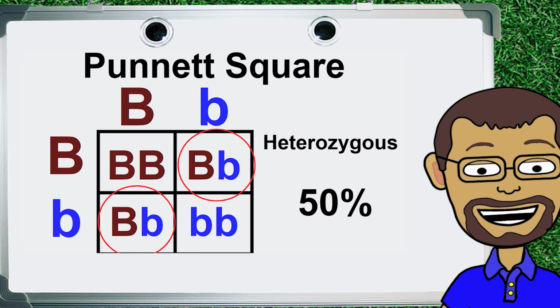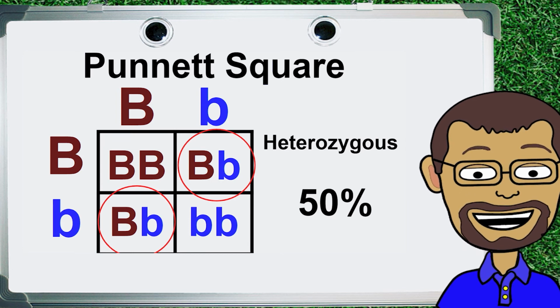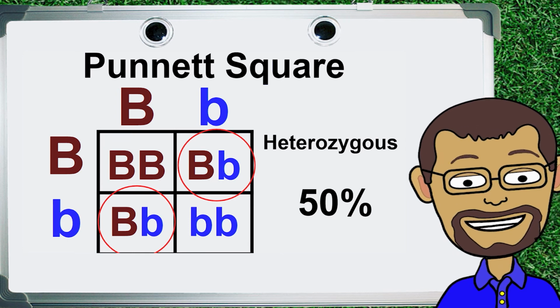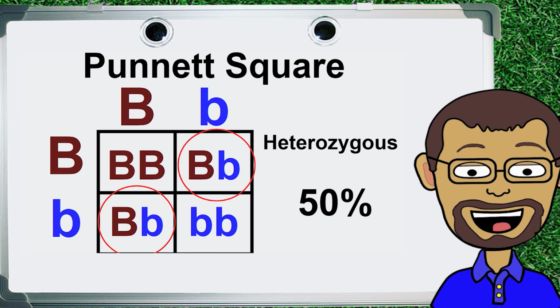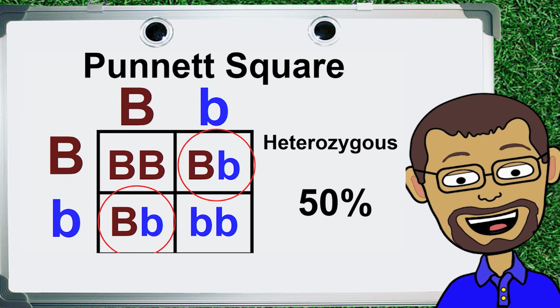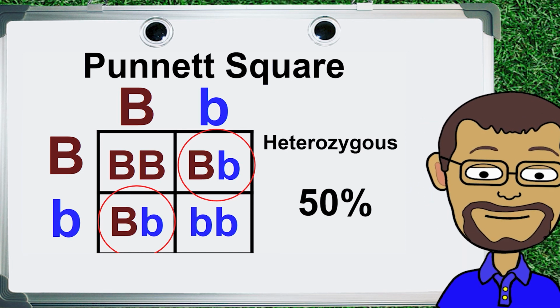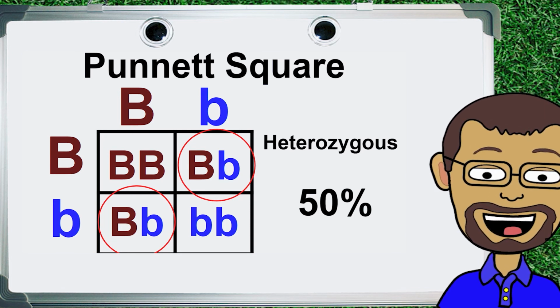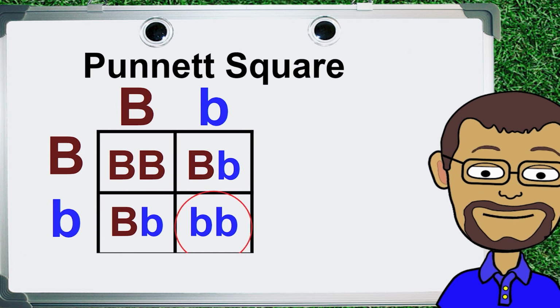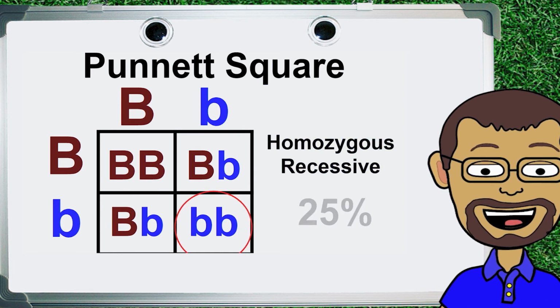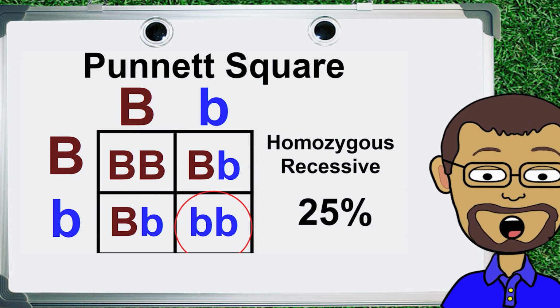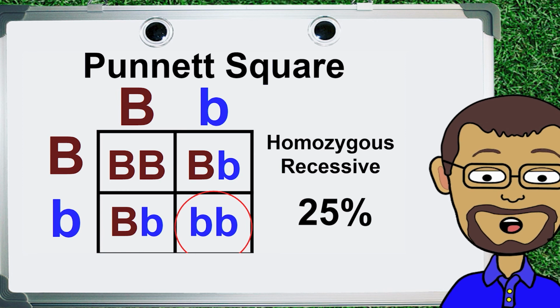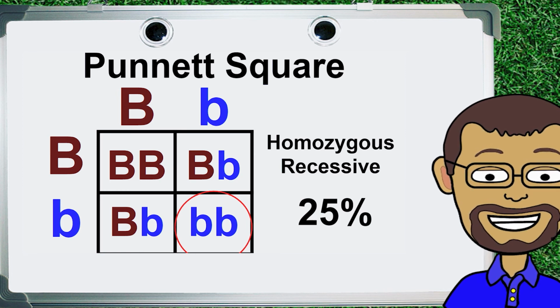And since there's two of these boxes, and each one is 25%, we have 25% plus 25% in total. There's a 50% chance that the child will have big B, little b. All right, and lastly, this box here has two little b's, which is what we call homozygous recessive. Since there's only one box, this means that there's a 25% chance that the child will have two little b's.